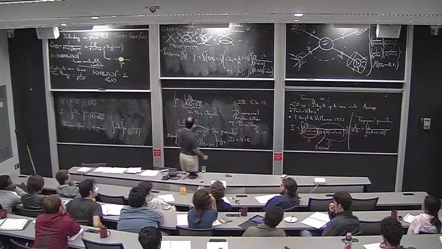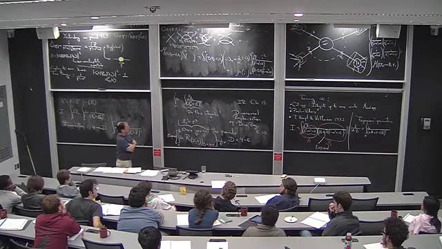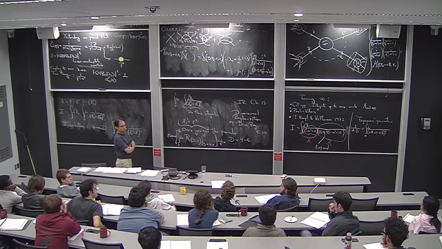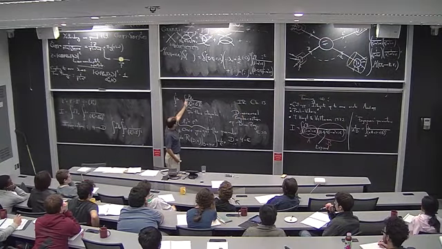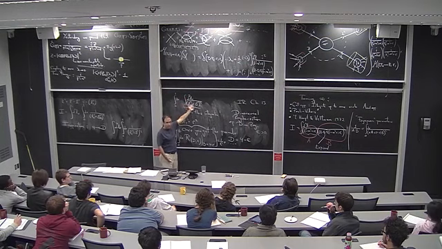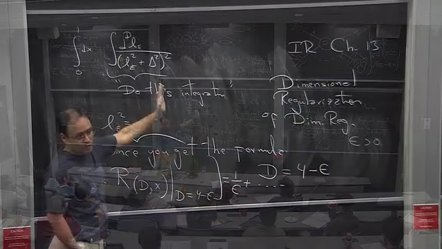Yeah, the integral over R is done from 0 to infinity. I think there's a problem. That integral will still diverge. Well, I said I'm going to assume that d is in the region where this integral converges. So you just do it.